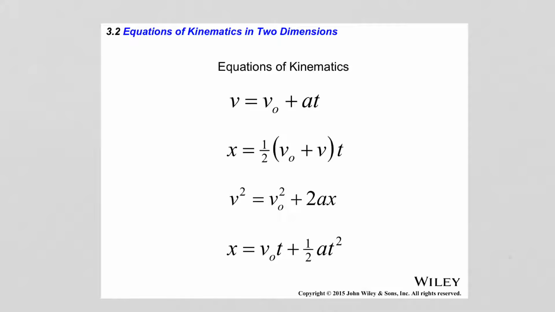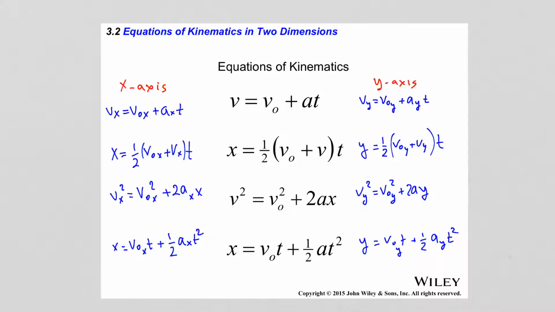So we can write each of those along the x-axis and along the y-axis. I'm going to list those on the left and right side, and to differentiate which axis I'm talking about, I will index each variable that is a vector quantity with the appropriate index corresponding to that coordinate axis.